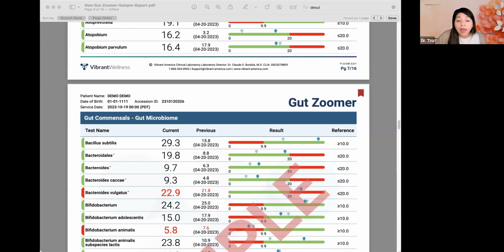This is why I use a lot of bacillus or spore bacteria to treat, because they survive the stomach acid, and when they get into the small and large intestine, they produce natural antibiotics that then kill off other bacteria around them. So it's really good in conditions of bacterial overgrowth.